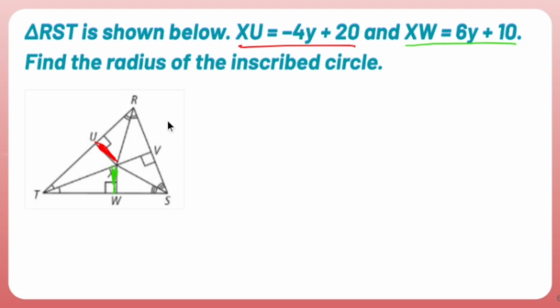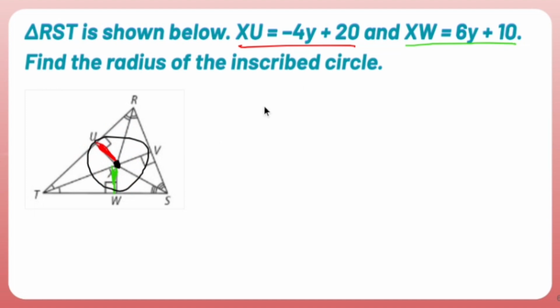Find the radius of the inscribed circle. Okay, this is actually going to be nice. An inscribed circle is created by connecting the points created by these lines right here. If you were to draw a circle connecting these three points, that is an inscribed circle, a circle drawn inside of a triangle.